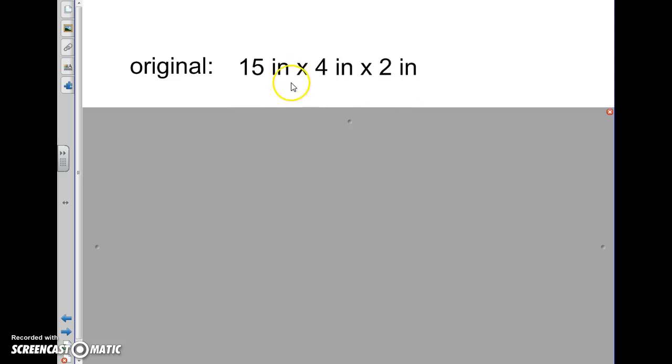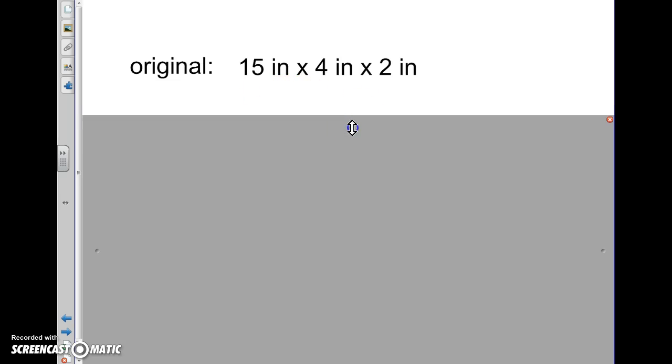Correct, we are going to half one of the dimensions. Now, I could half this 15 and get 7.5, but I'm not going to mess with that now because I don't want to deal with multiplying fractions at this moment. That's something that we're going to work a lot with later in the year. But for now, I'm going to keep that 15 as is.